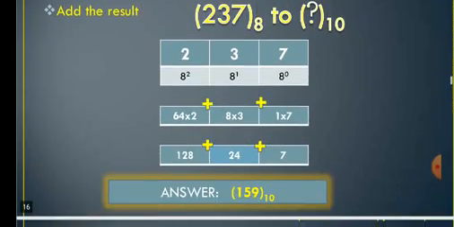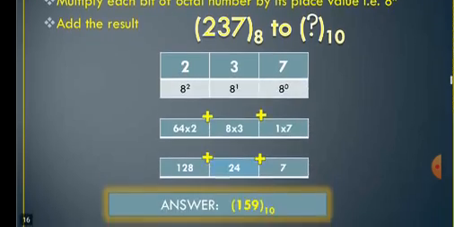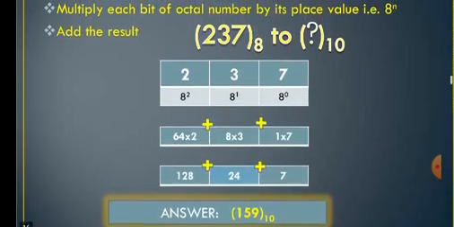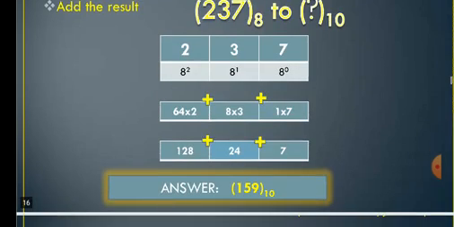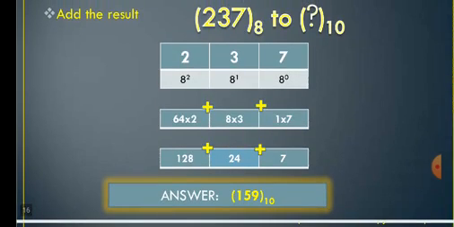This is the decimal equivalent of the octal number. Same procedure as we have seen for binary conversion. To decimal, wherever we are going, we have to use this concept called multiplication. Be clear with this.